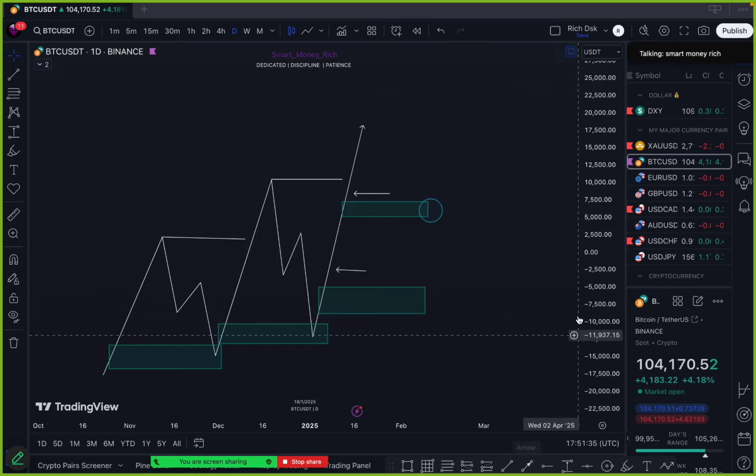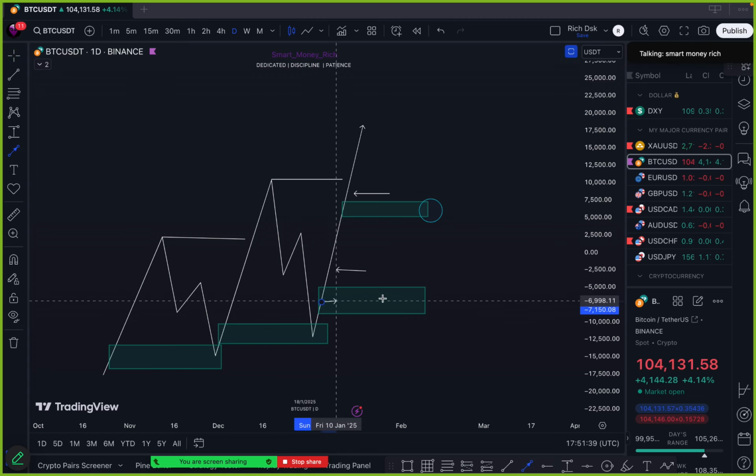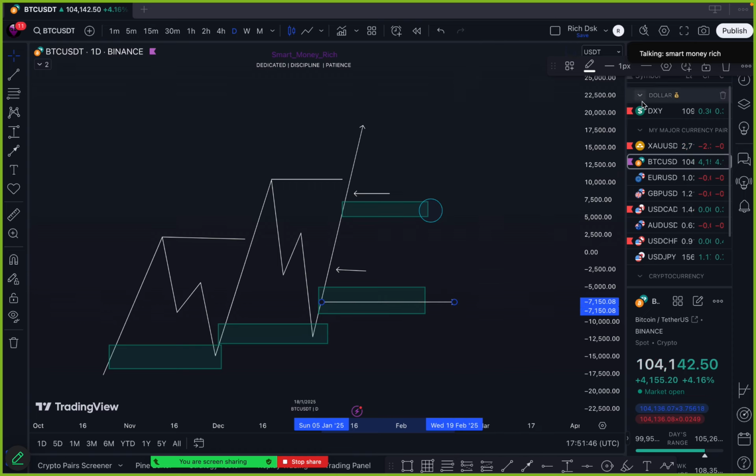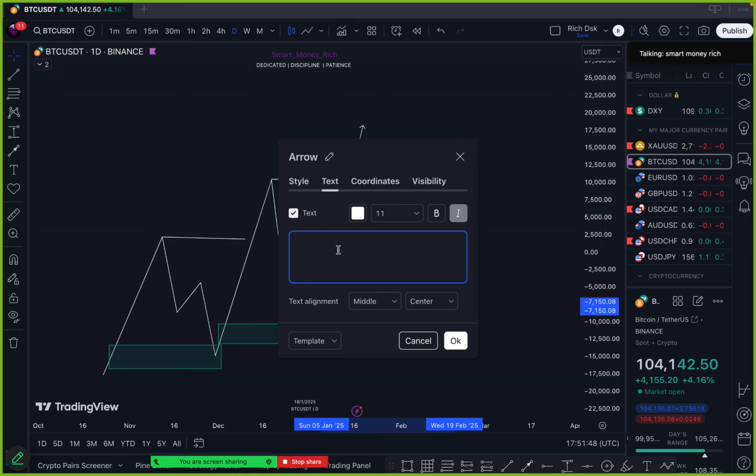So for this Bitcoin, let's say the market around here is $5,000. Let's say the market is around $5,000 at that level. So let's just say it is around 5K.